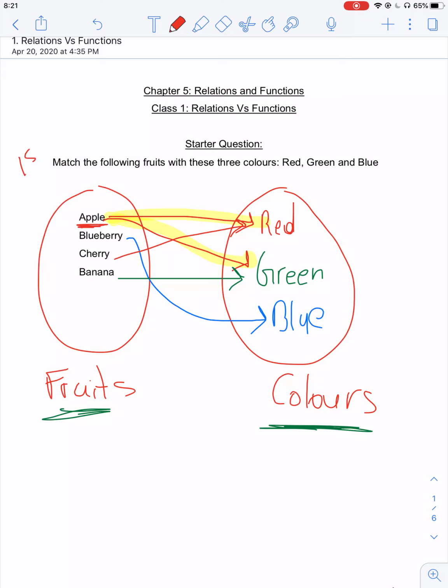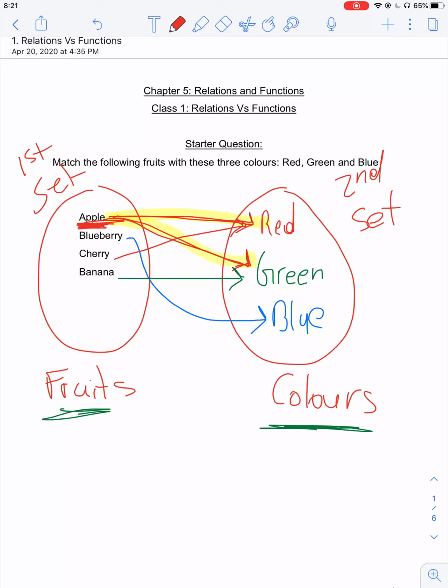So this is a set, your first set, and this is your second set, if you want. You cannot have an element, so an object, something in your first set that is associated to more than one thing. So it's red, but it's also green. This is a big no-no for functions.